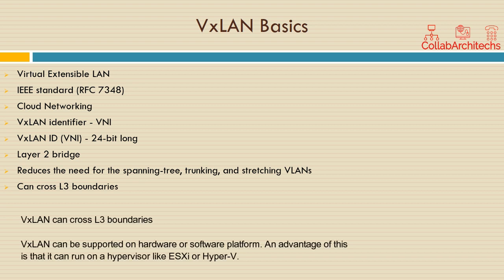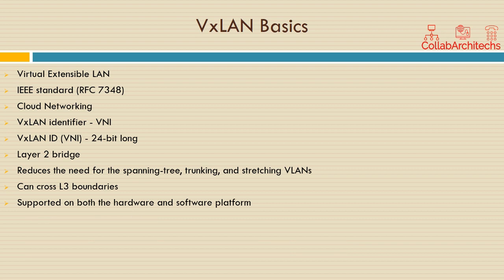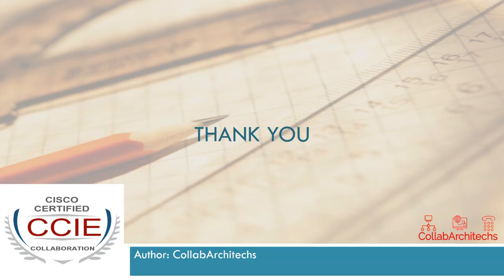VxLAN can cross layer 3 boundaries. VxLAN can be supported on hardware or software platforms. An advantage of this is that it can run on a hypervisor like ESXi or a hypervisor 5.